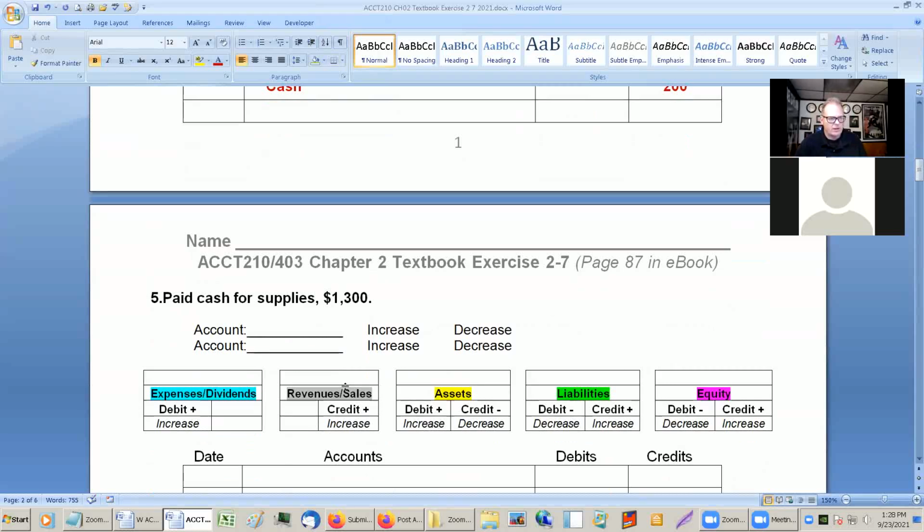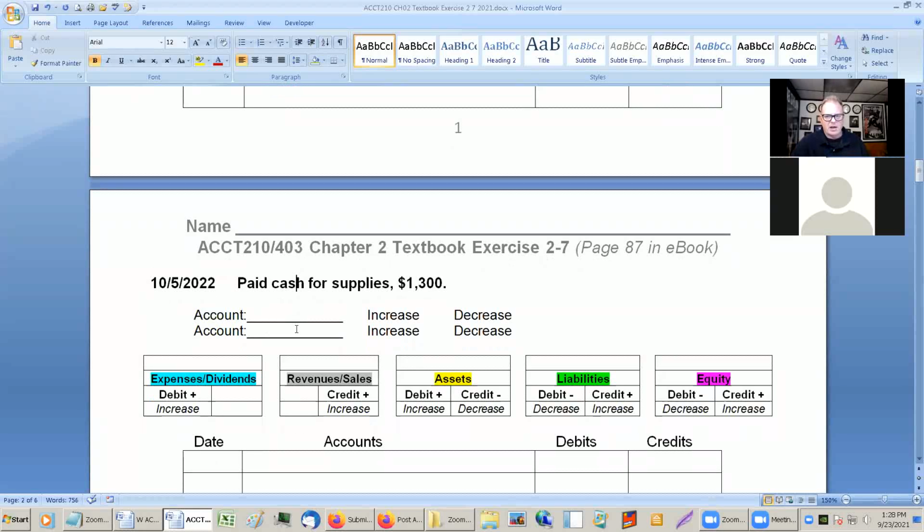Now this one we pay cash. Let me fix this. This should really say 10/22. That is not right. Okay, paid cash for supplies.